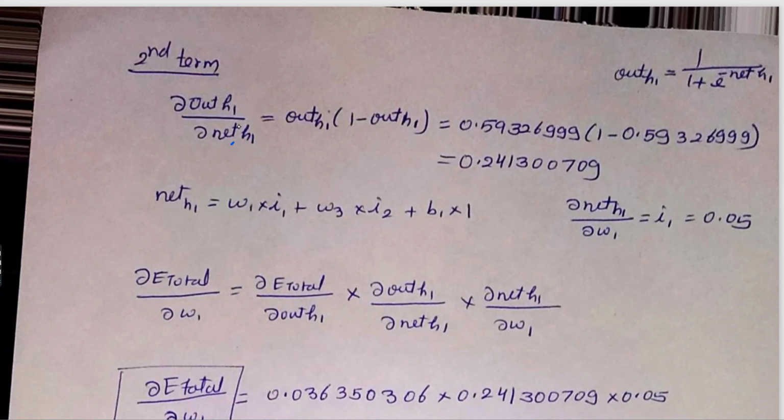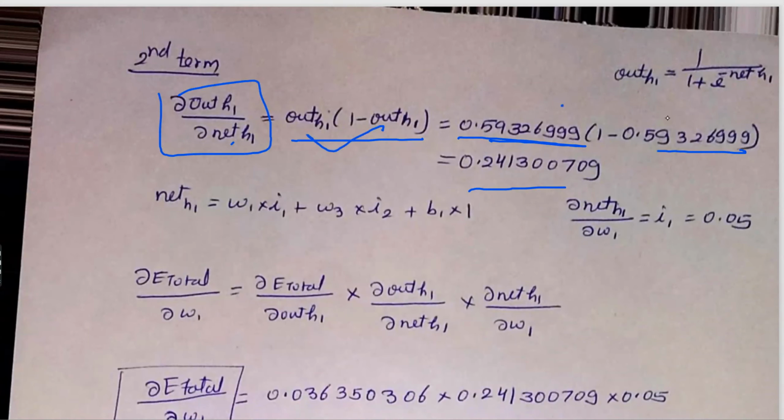So the same formula we will apply as we have applied earlier. I have directly written the formula here, and after putting the value of output H1 we will differentiate this, and we substitute the value of output H1, and then we get the value of this differentiation.